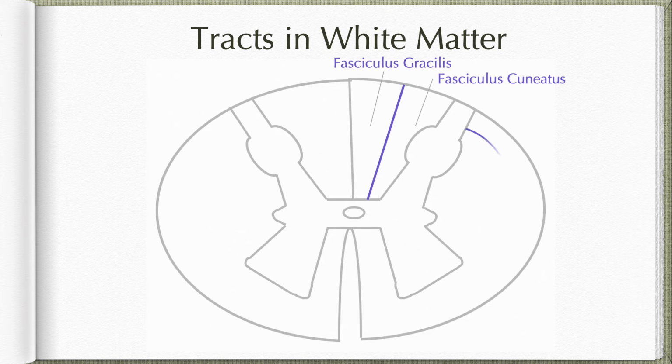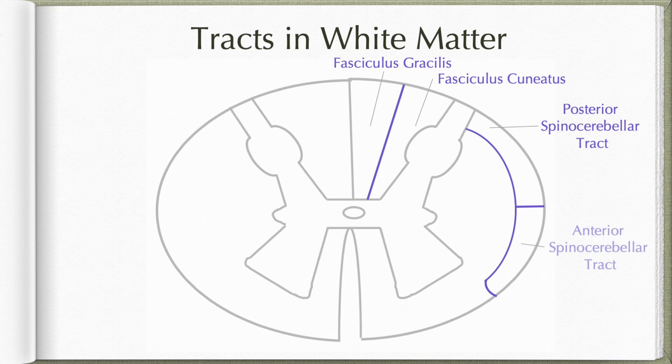Along the lateral circumference, we have a bundle of fibers which is made up of two tracts, a posterior spinocerebellar tract and anterior spinocerebellar tract. Just inside the spinocerebellar tract fibers, there is another bundle of fibers which extends both in the lateral column as well as in the ventral column.